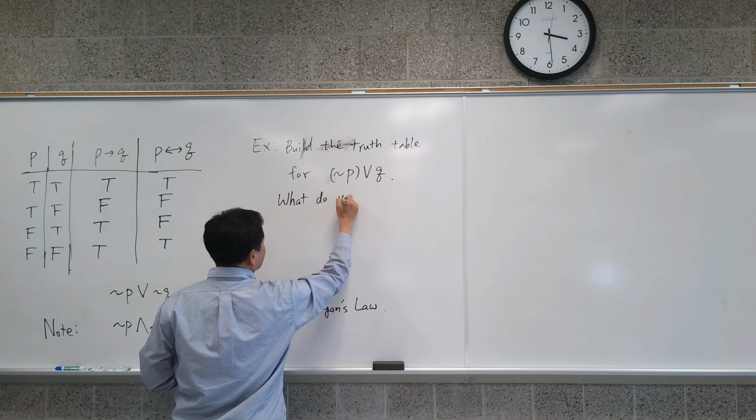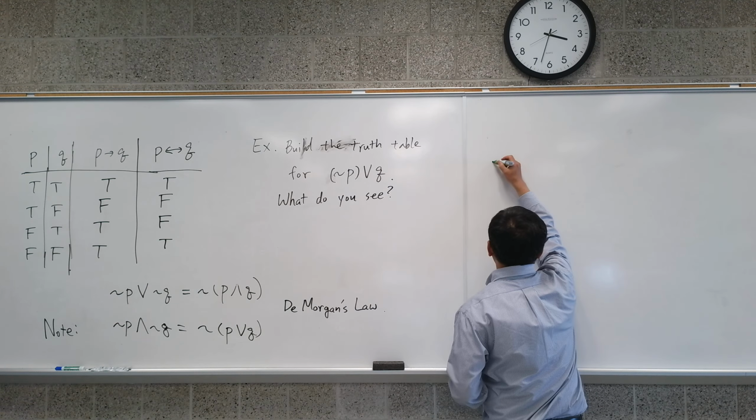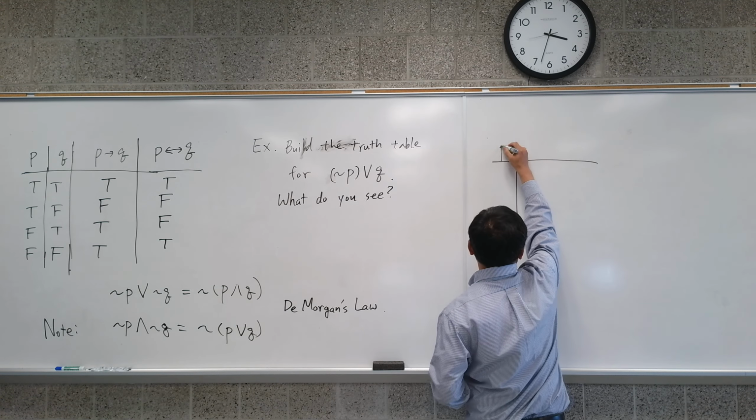Try this out. So it's going to be P, Q: true, true, true, false, false, true, false, false. Okay. P, not P or Q. Well, first of all, not P is false. False or true gives you?